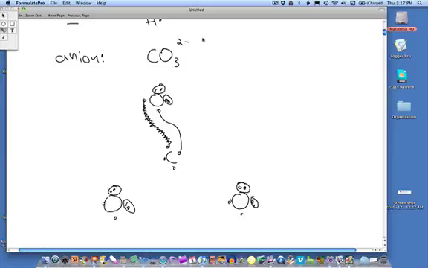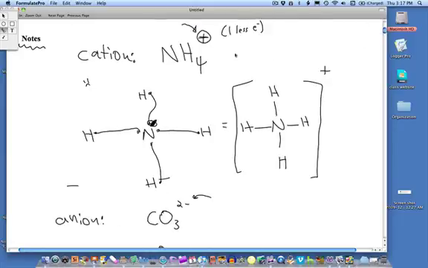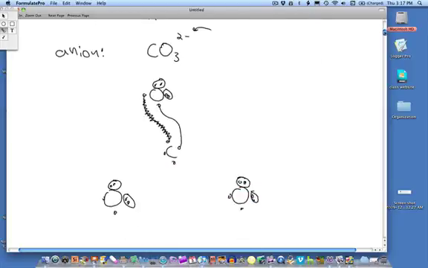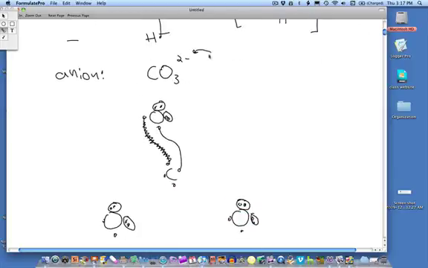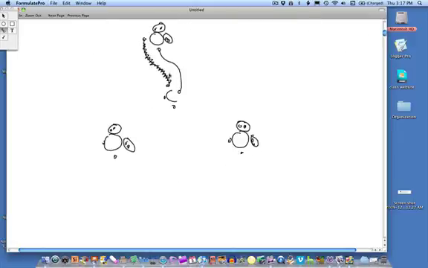Okay. So if we look at this charge, whereas with the ammonium ion we had 1 less electron because there was a positive charge, with the carbonate ion we're going to have 2 more electrons because there's a negative charge. So let's add those electrons first. My bad on that.